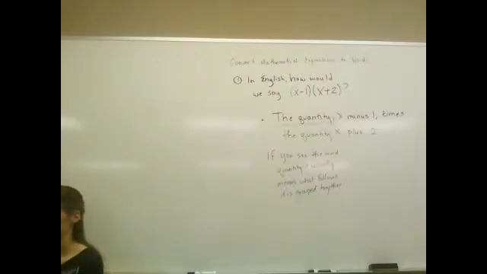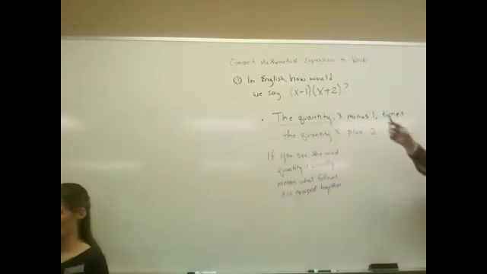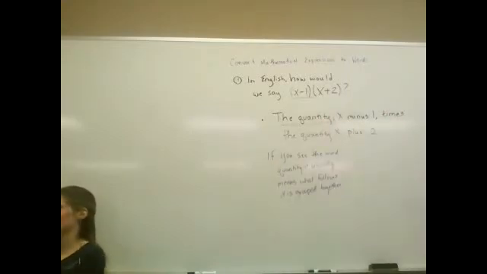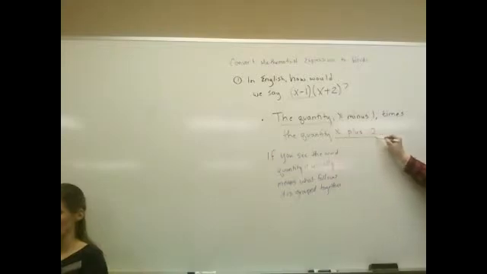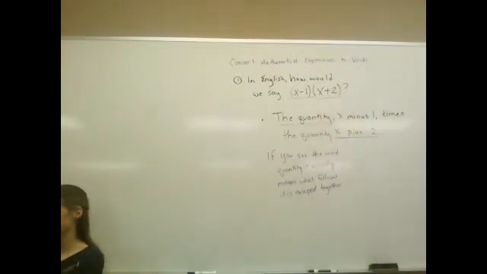All right, so here you can see that the quantity x minus 1, and here we have parentheses around x minus 1, so we know that's grouped together, times, we know these are multiplied together, so that's where we get the times, the quantity x plus 2, and x plus 2 is also grouped together.